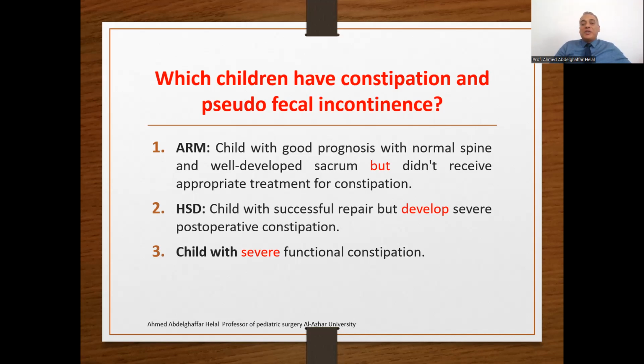Number two, Hirschsprung disease, a child with successful repair but who developed severe postoperative constipation because of their predisposition to constipation preoperatively. Number three, a child with severe functional constipation. So these three types will present to you as a pediatric surgeon with fecal soiling. Constipation with fecal soiling is called pseudo-fecal incontinence.